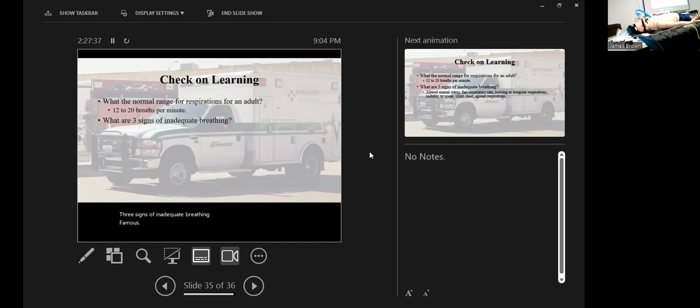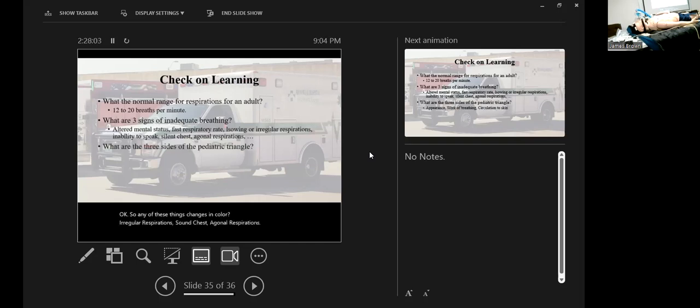Is blue not a good enough answer for you, Ian? It's not a good enough answer for the national registry test. The word is cyanotic or cyanosis. So any of these things: changes in color, irregular respirations, silent chest, agonal respirations.